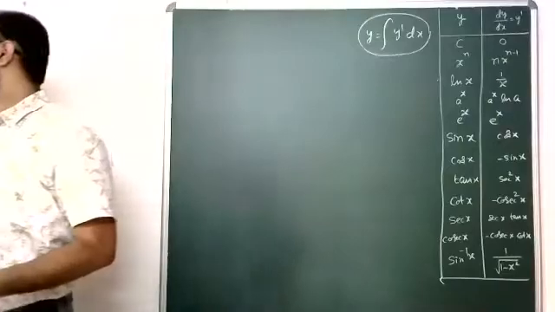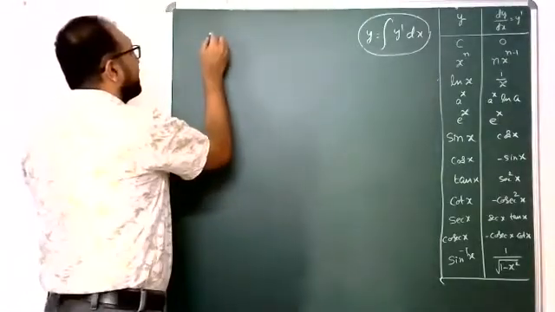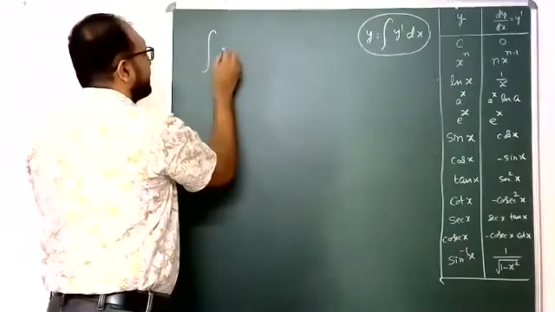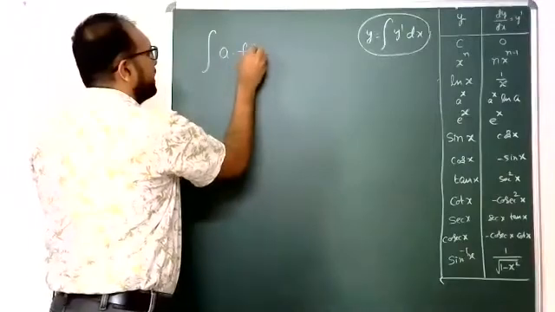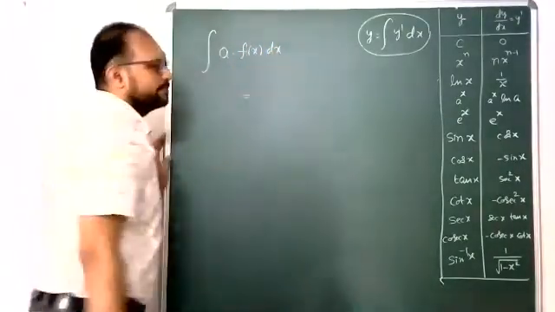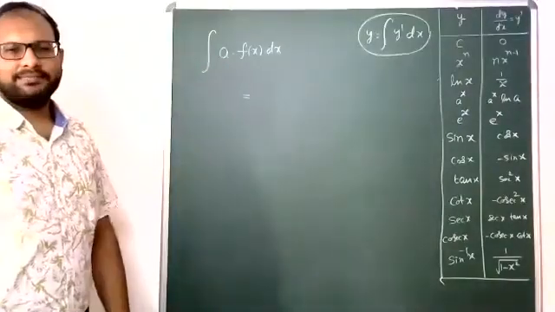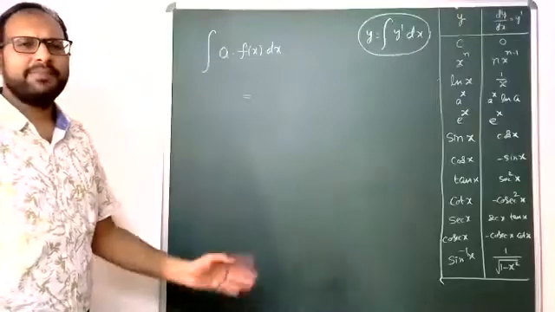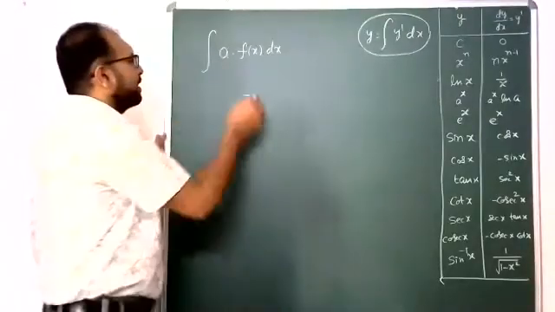Rule number one: the integral of a constant into f of x dx. Suppose a is not a function of x, a is some constant, any number, maybe plus or maybe minus.